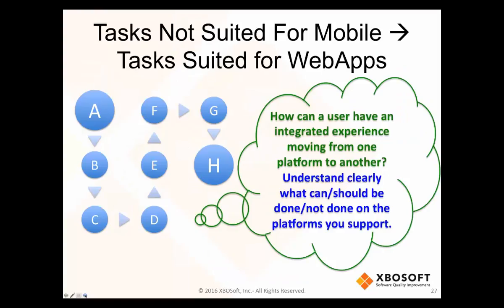So really understand clearly, you can still think about these complicated tasks, these multi-step tasks, but perhaps they may start on one platform and then do something a little bit on another platform and then go back to the old platform and so forth.